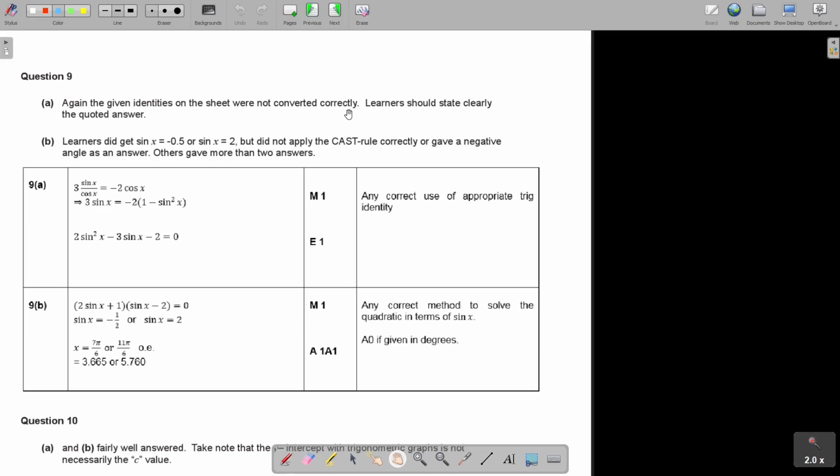Learners should state clearly the quoted answer. So basically, you must end with this answer, not begin, end. Then learners did get sin 2, but did not apply the CAST rule correctly or gave a negative angle as an answer. Others gave more than two answers.